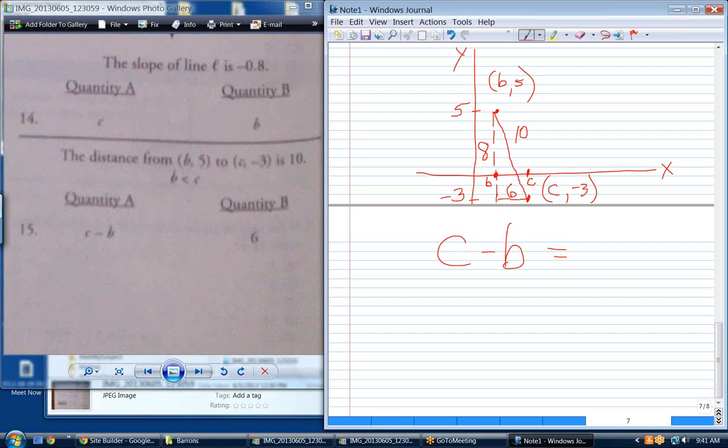In other words, this 6, that is the distance from here to here, which we figured out based on the Pythagorean theorem. Remember that all these triangles that you draw on the XY coordinate axis are almost always right triangles. So we know we have a right triangle that is a 10 and an 8. We got that directly off the coordinates they gave us. They told us the 10. We were able to get the 8 from the 5 minus the negative 3.